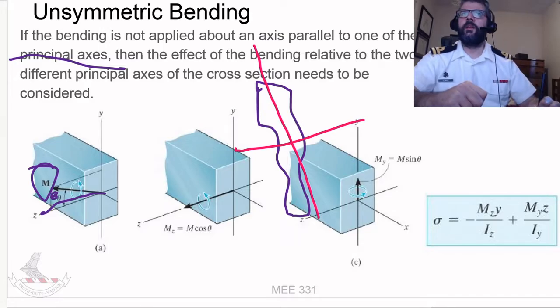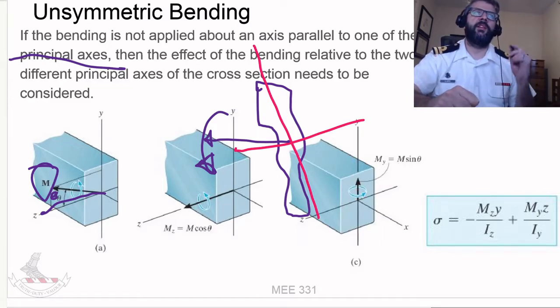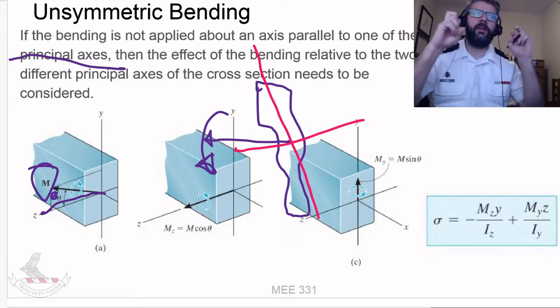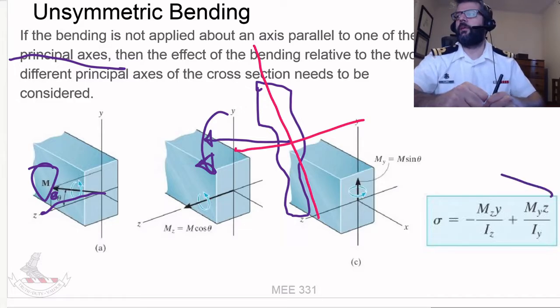But if you're applying a moment about this axis here, which for most problems we probably consider to be the z-axis, since that z-axis isn't one of the principal axes, we need to redefine the angle the moment is acting at relative to those principal axes, and then we use that to do our calculations for our stress.